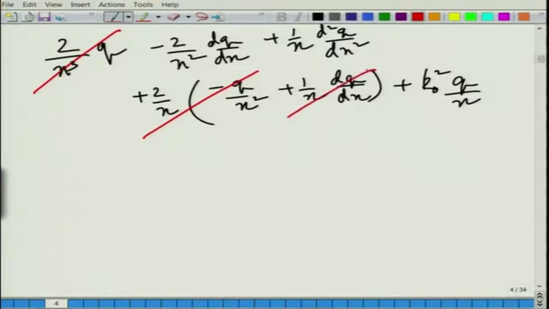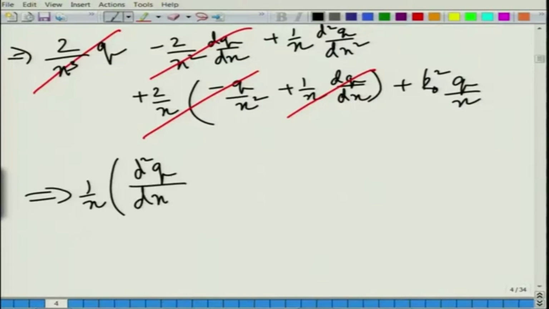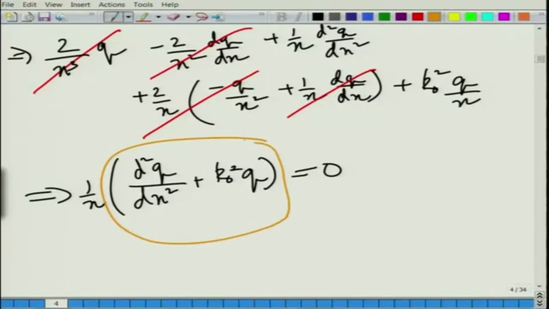So this sign and this will go away, and 1 by x we can take common, to get the following. So basically this term, the circle term, must be equal to 0, because we are talking about general x.